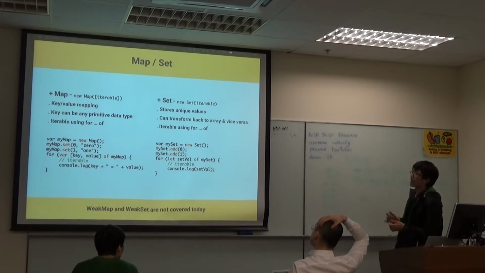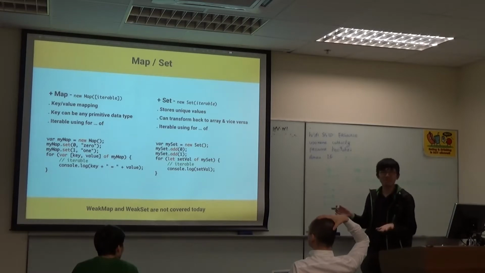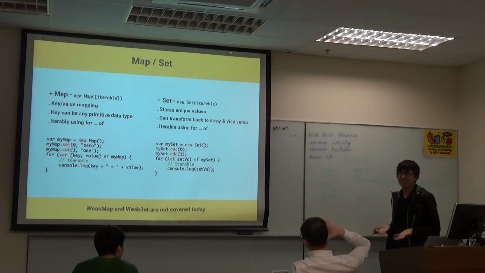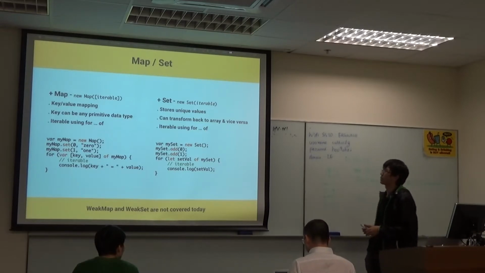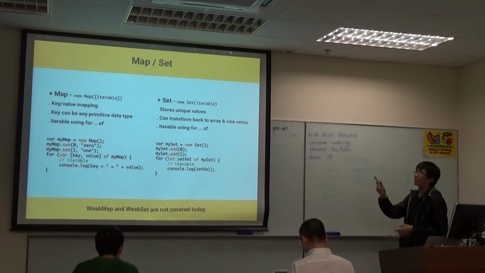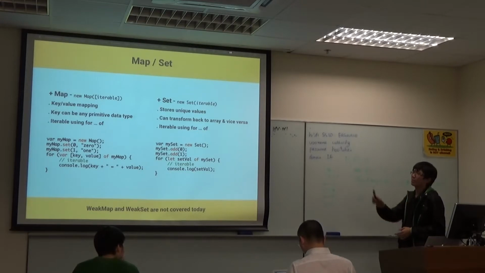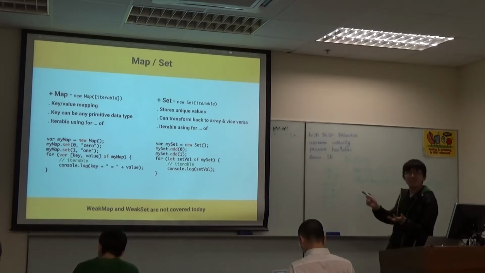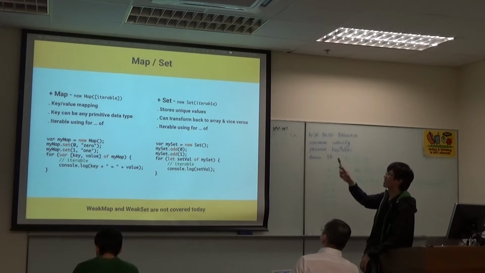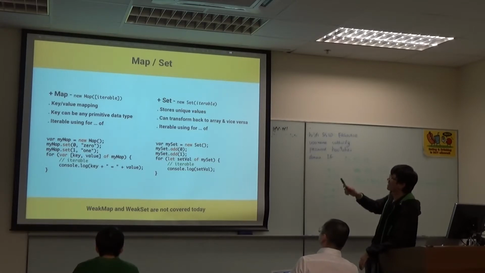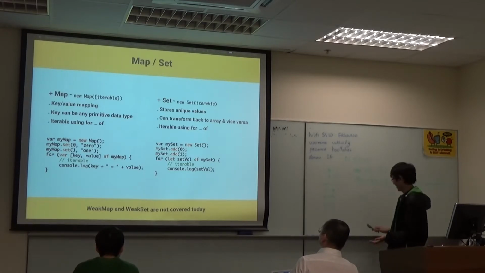That means when you add 0 two times into a set, the set only contains one 0. It is also iterable using the same syntax as map. And a little bit interesting, because a set can be transformed back to an array, and an array can be transformed to a set.